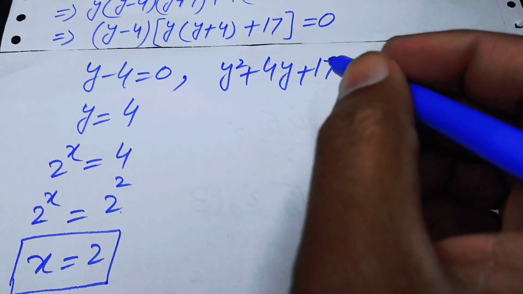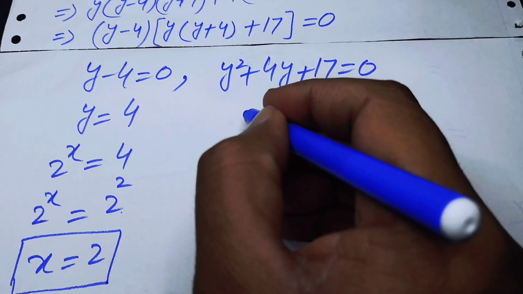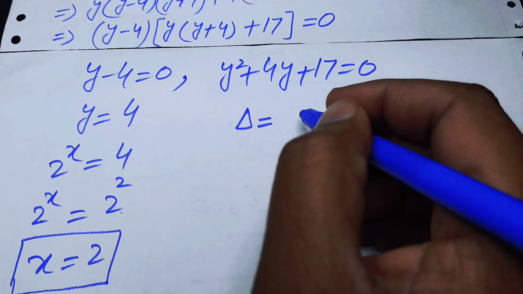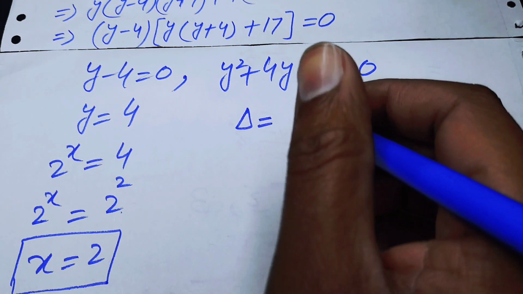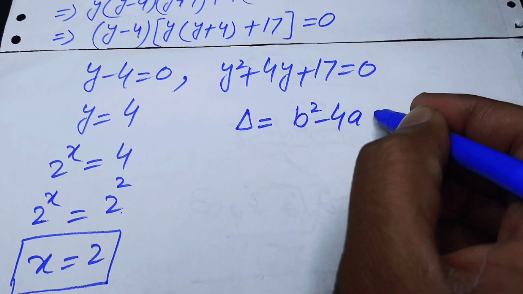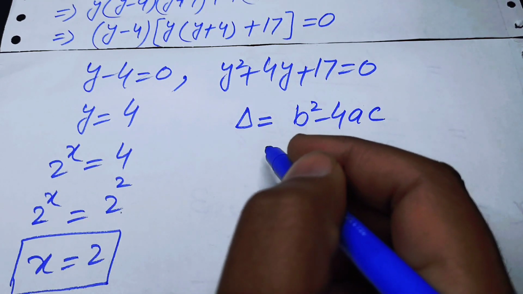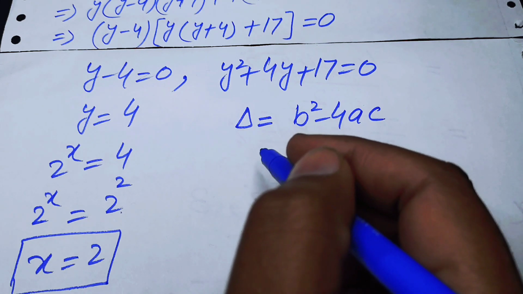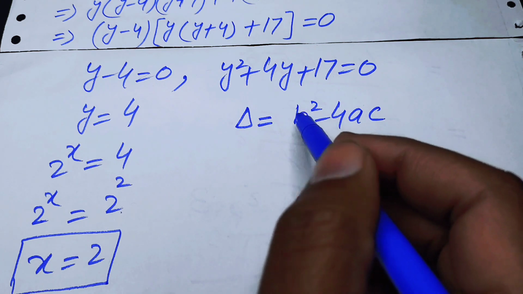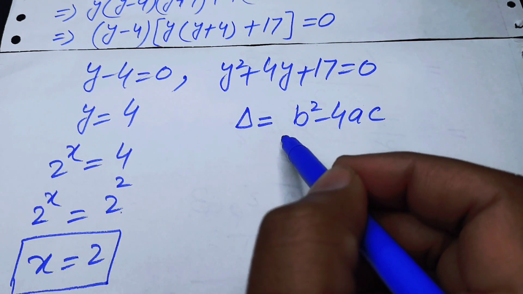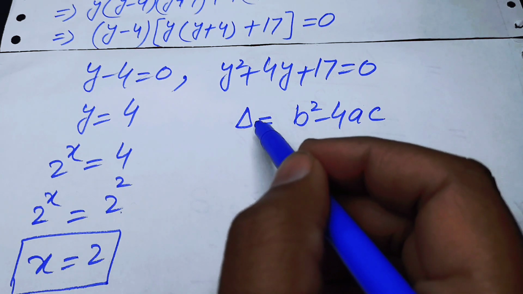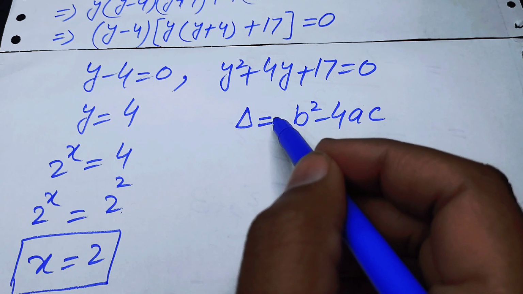Here you can see the famous discriminant formula, which I can write as delta is equal to b squared minus 4ac. This delta tells us how many real roots of this expression exist. If delta is less than 0, then its roots are complex or imaginary, and if delta is greater than or equal to 0, then its roots are real.